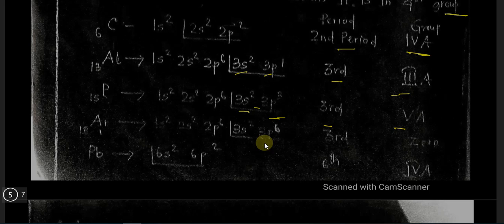Argon is 3s2 3p6, so third period and group 0. Lead is 6s2 6p2, so 6th period, 4th group.